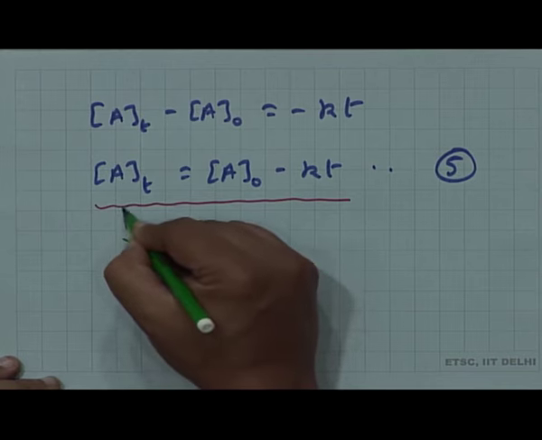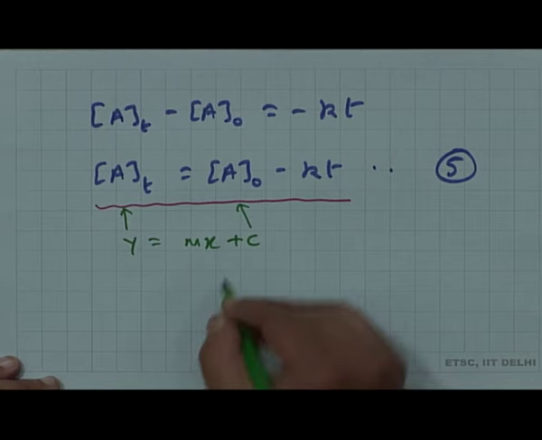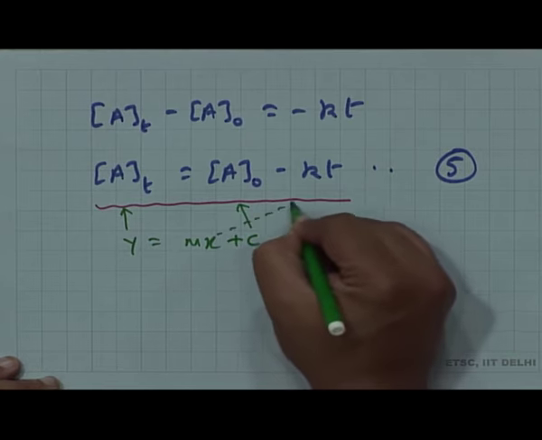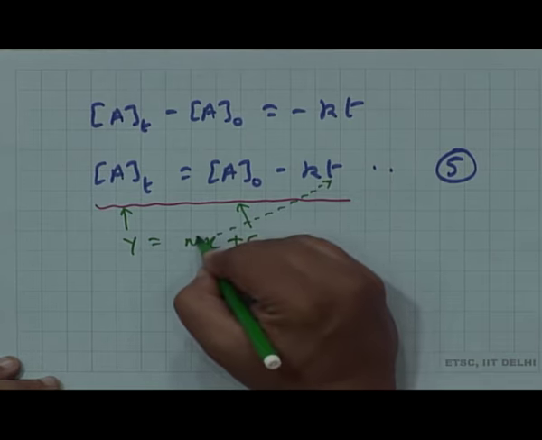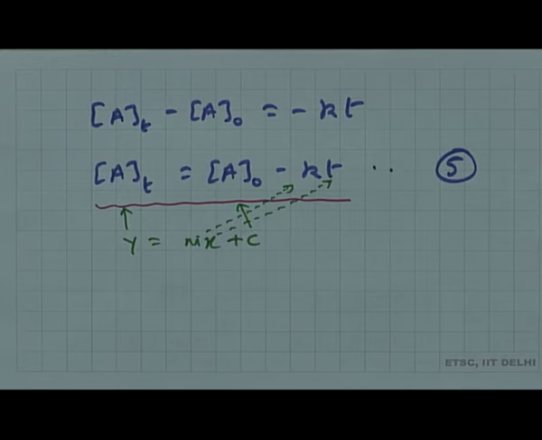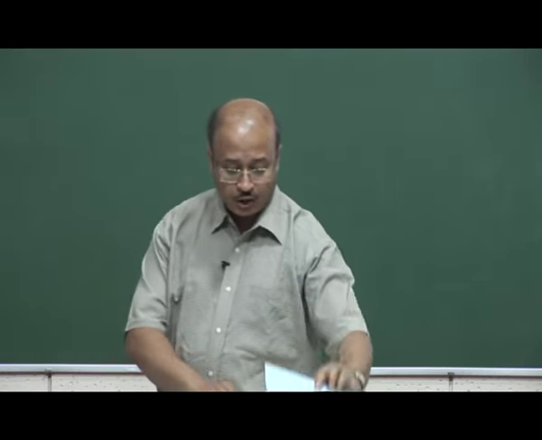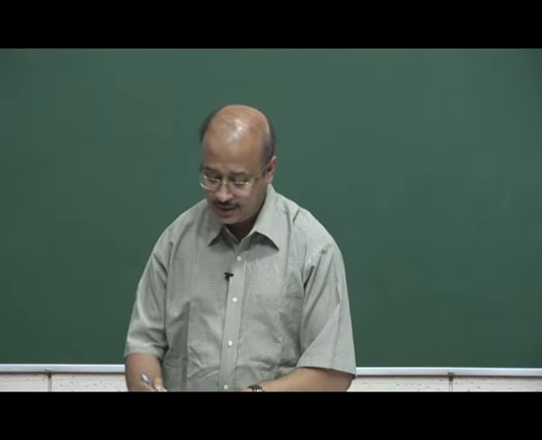So, this is the equation of a straight line. If I want to plot a graph, how would the plot look like? So, the plot would look as you have rightly guessed.